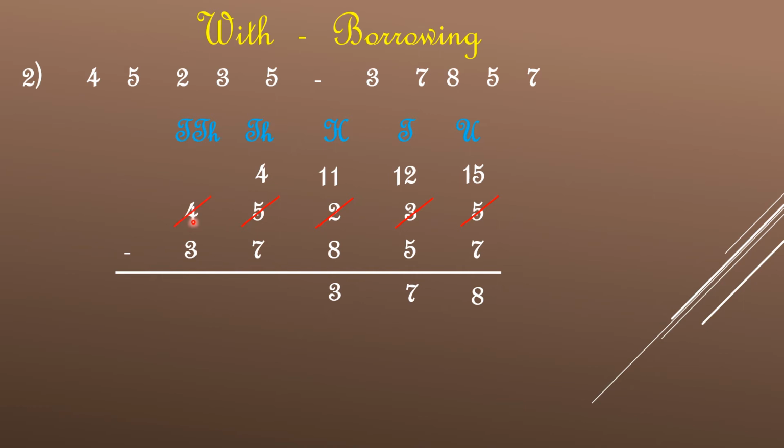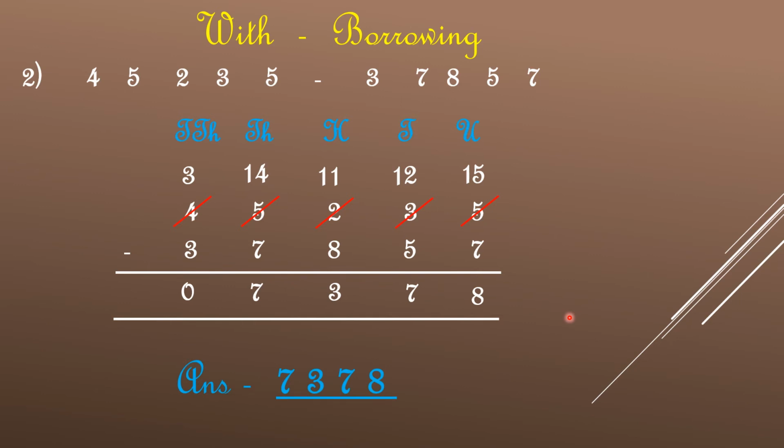So from 4, I borrow 1 and here 3 is left. 14 minus 7 gives me 7 and 3 minus 3 is 0. So here my sum is done. So my answer is 7,378. I hope, children, you have understood subtraction with borrowing.